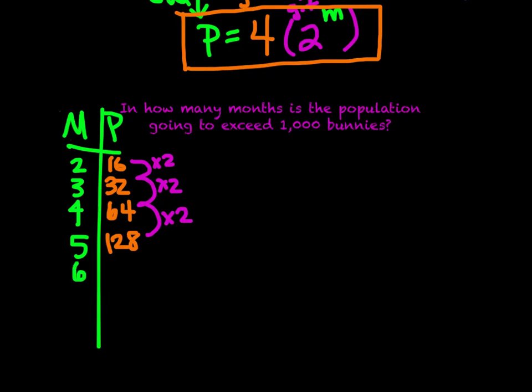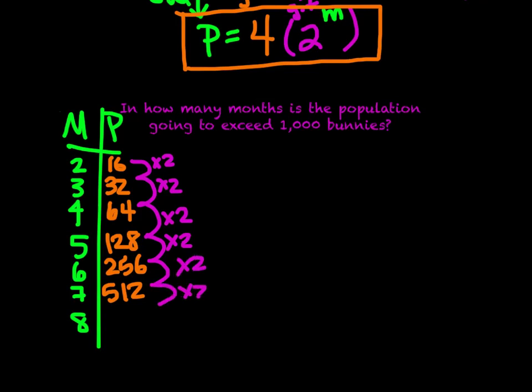At 6 months, we are at 256 bunnies. At 7 months, that 256 bunnies become 512 bunnies. And at 8 months, I think we know what's going to happen. I think we're actually going to find our answer, and I think you all know it. We're multiplying by 2 again, so we are going to 1,024 bunnies.